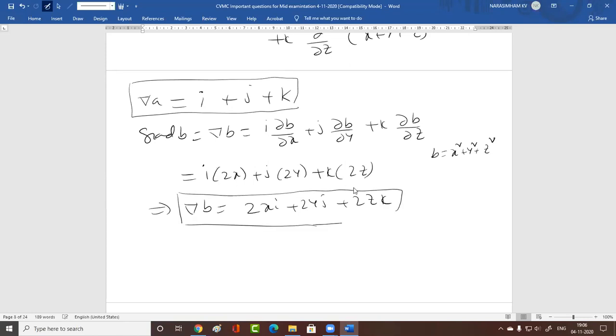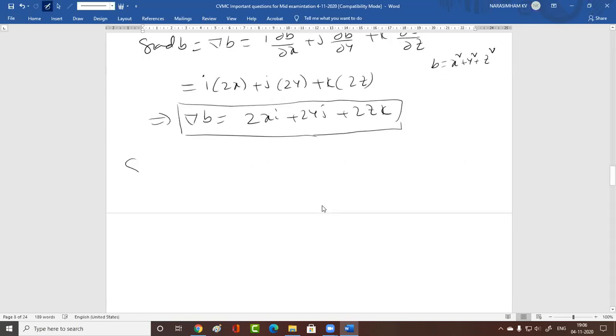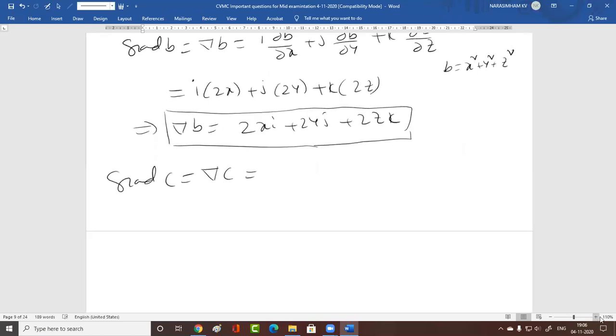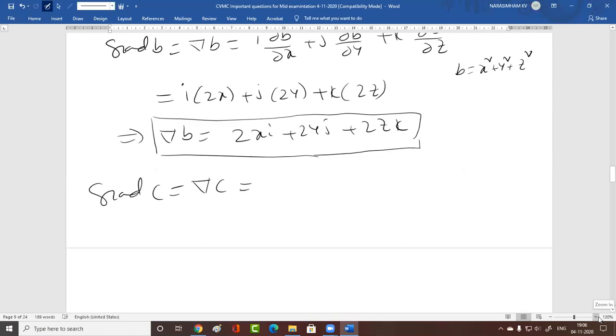In the similar way, we will find gradient of C. Grad C equals del C equals i dou C by dou x plus j dou C by dou y plus k dou C by dou z. Now what is C here? xy plus yz plus zx.